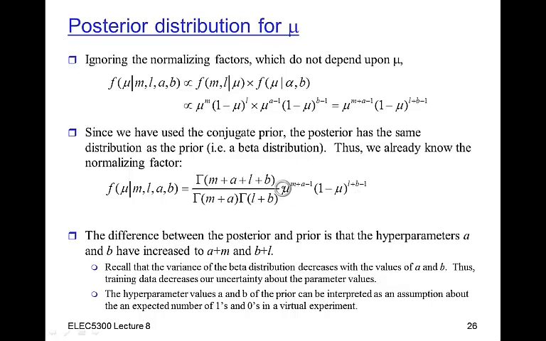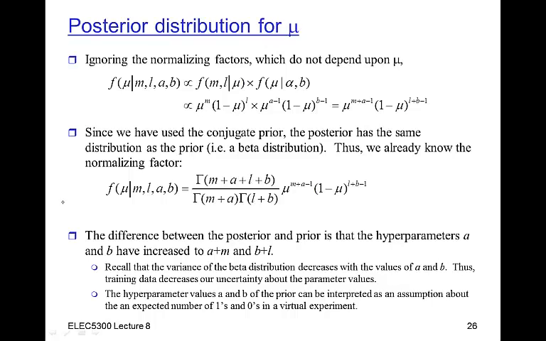It looks like a beta function, so for the beta function it's just gamma of m plus a plus l plus b, divided by gamma of this times gamma of this. Okay, so I already know what these normalizing factors are without even having to do any kind of integration.